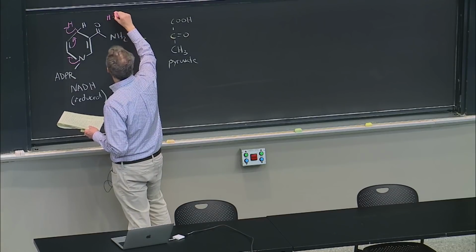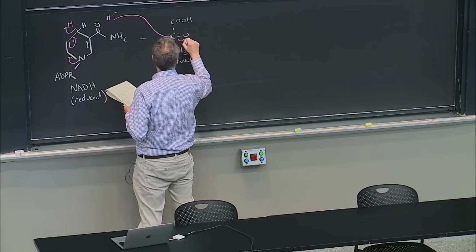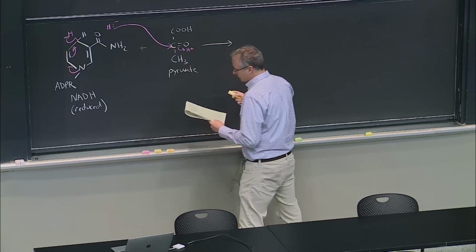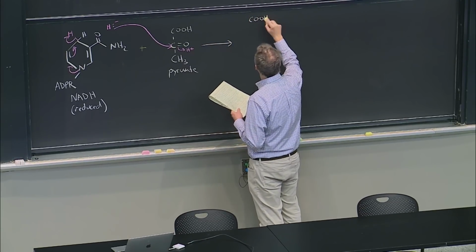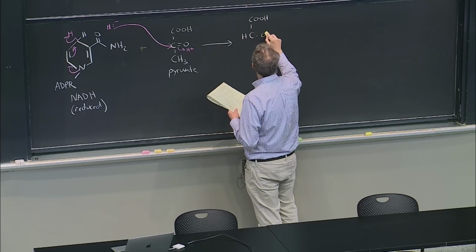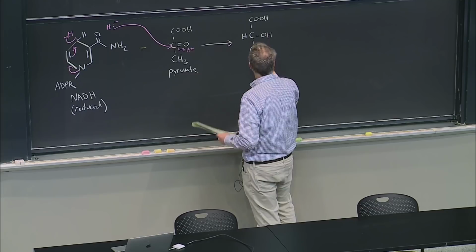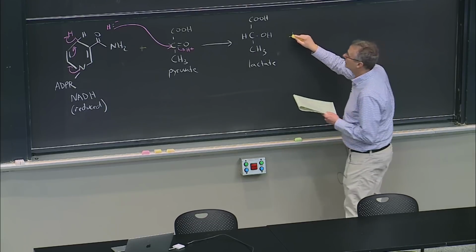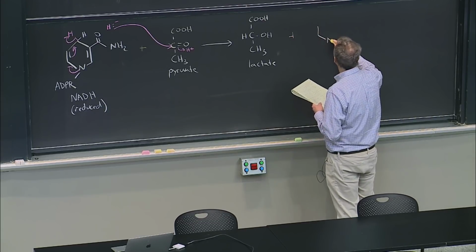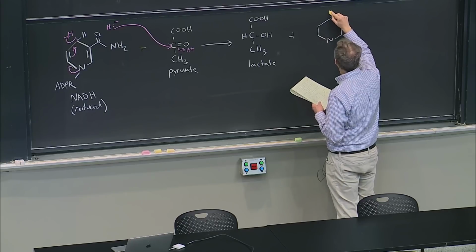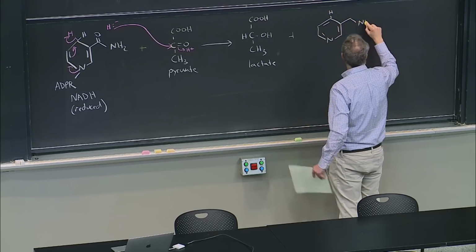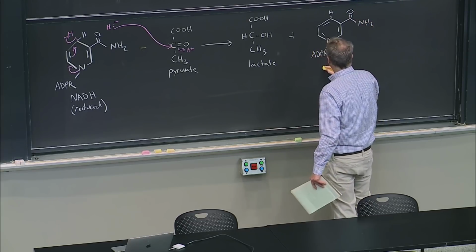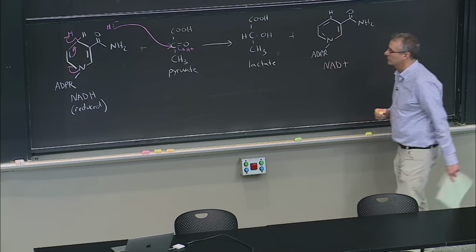That gives us this hydride ion, which can generate lactate, plus what we're left with is the oxidized form of the cofactor NAD+.